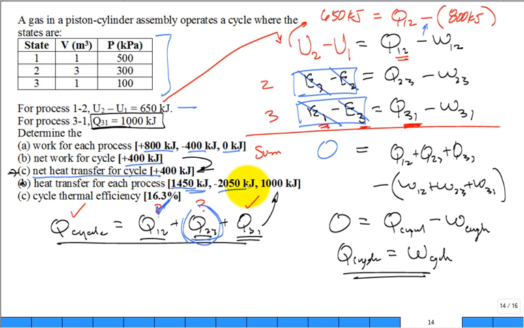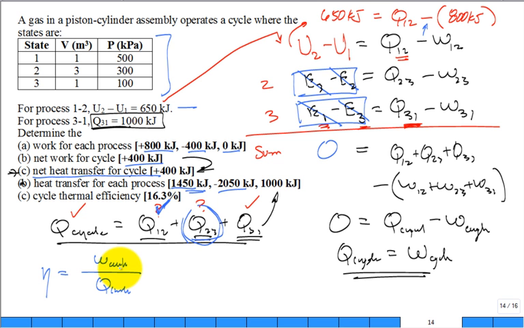Now we can finally calculate the cycle thermal efficiency. What is it? It's going to be the work net of the cycle divided by Q of the cycle. True or false?